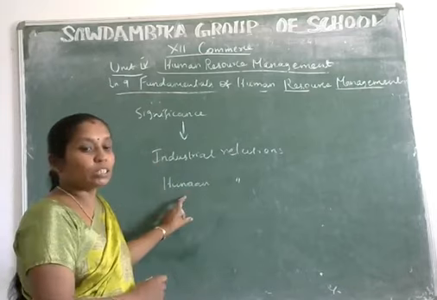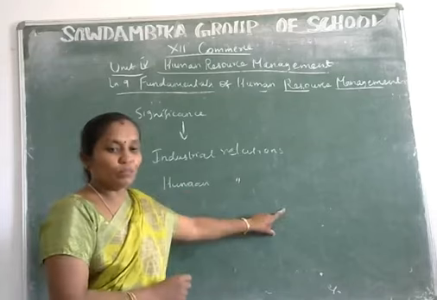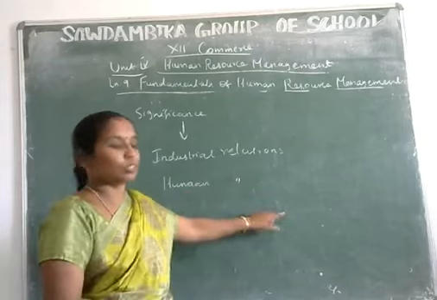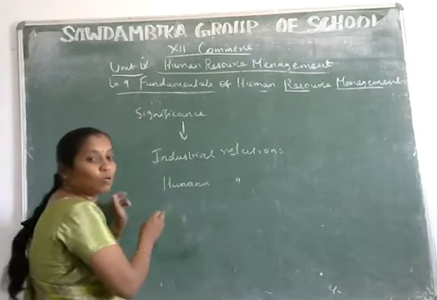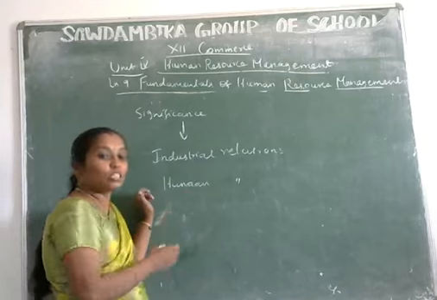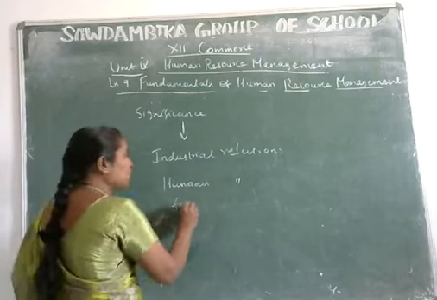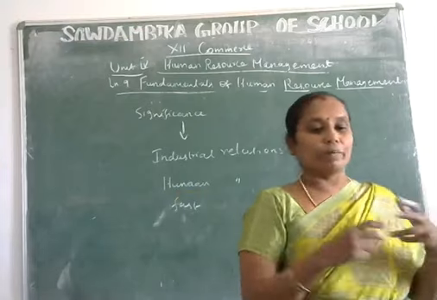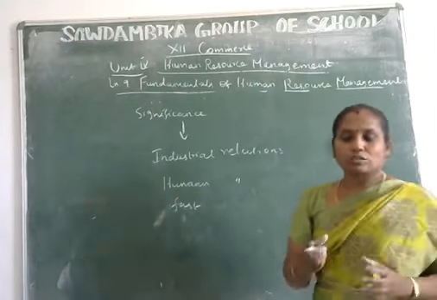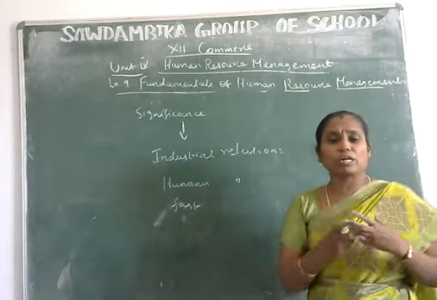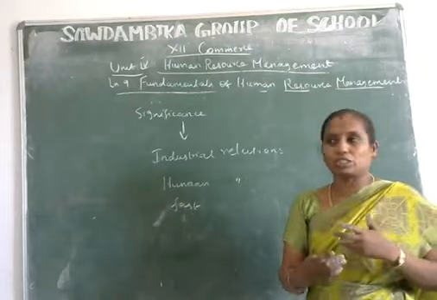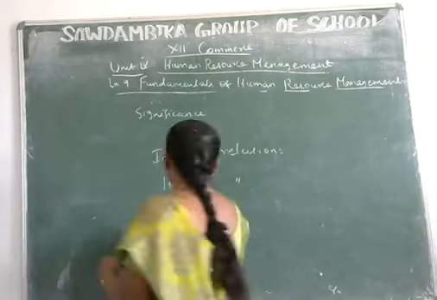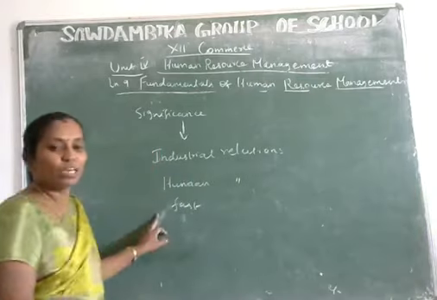Human relations are also possible only through the human resources. And the sustainable growth of the organization. What is meant by sustainable? Fast growth of the organization depends upon the human resources. Every organization expects to develop. So the sustainable growth of the organization also depends upon the human resources.